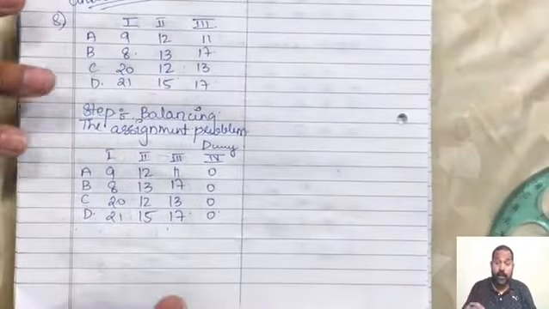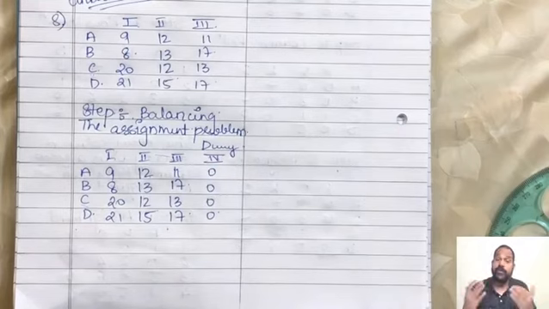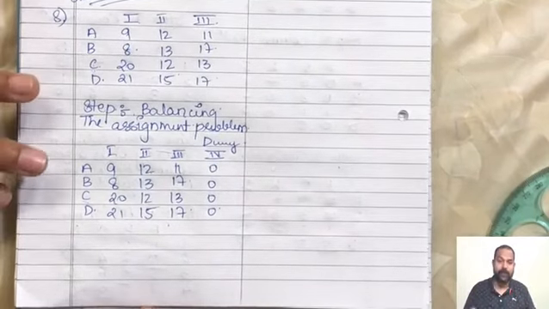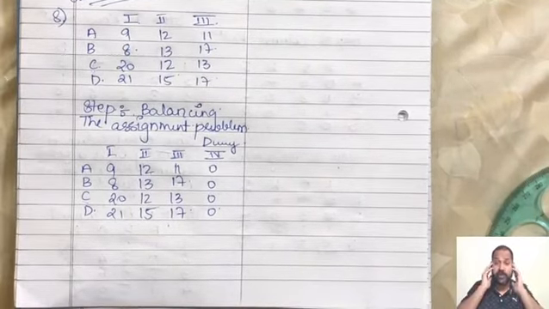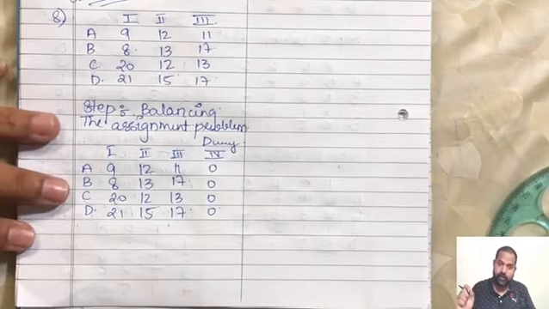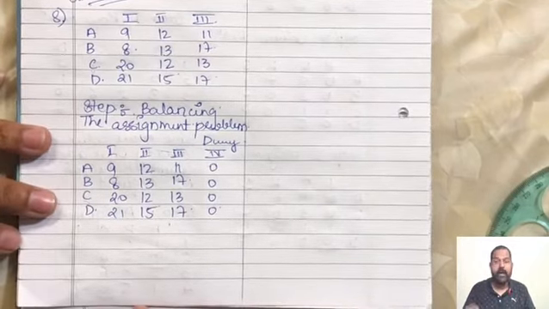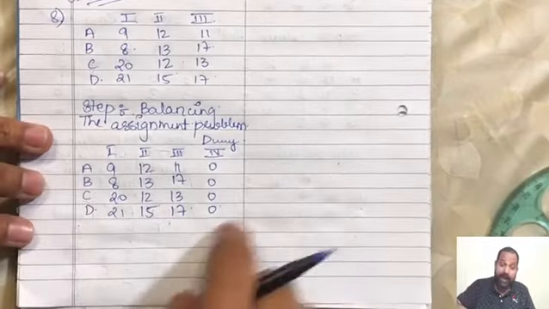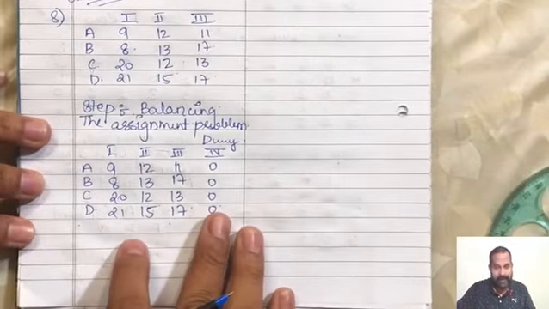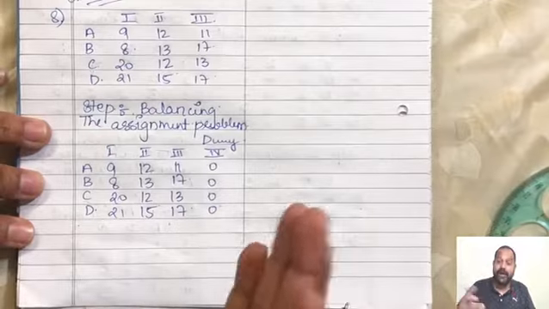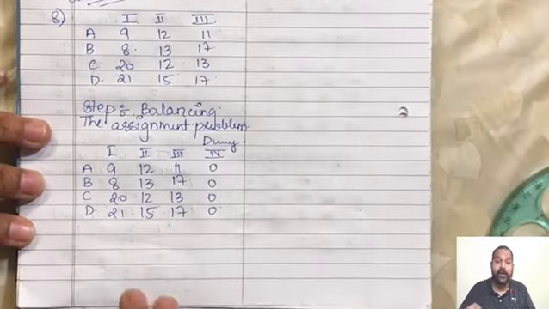Now the thing about row and column reduction is that we do a row or a column reduction if and only if there is not a 0. Now whenever the question is an unbalanced question, you either need a dummy row or you add a dummy column.